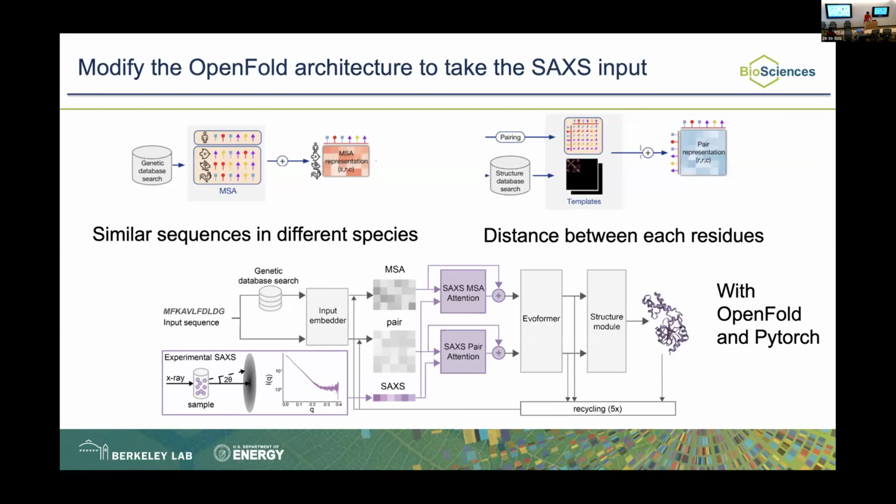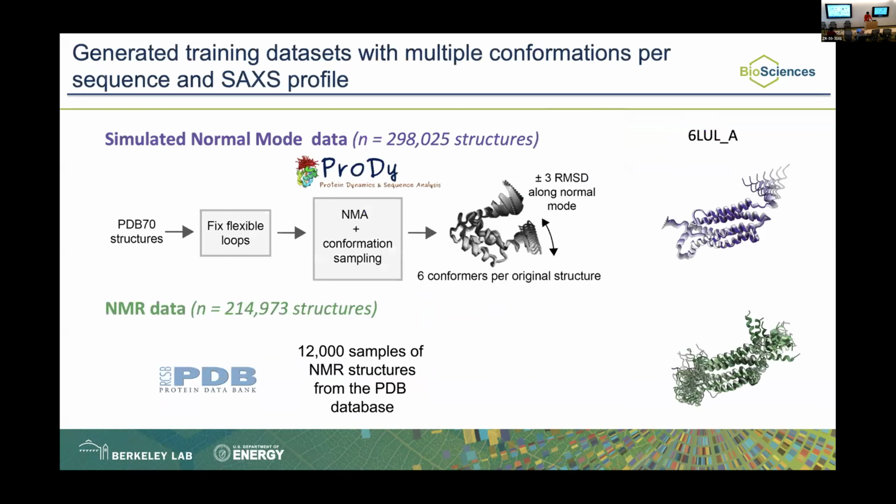And this is our primary architecture: after the embedder, we introduce two cross-attentions of the SAXS P(r) curve, and then we retrain it with the PDB dataset, with recycling, and with hyperparameter training, with OpenFold and PyTorch. We specifically change the training structure to represent possible movement in proteins.